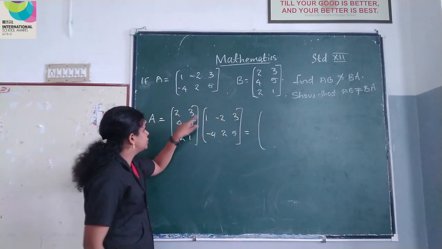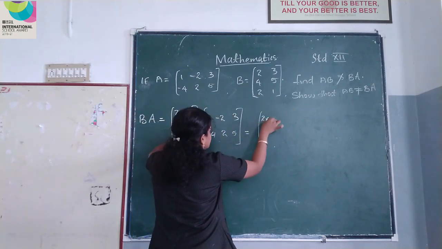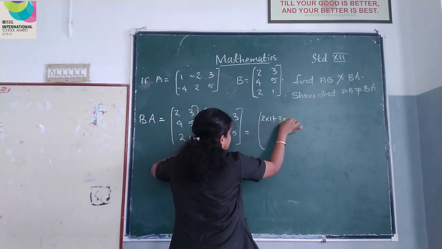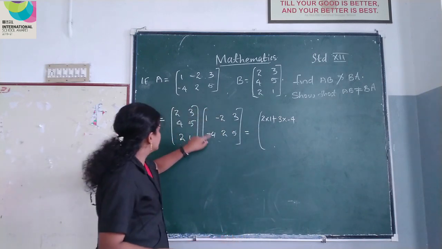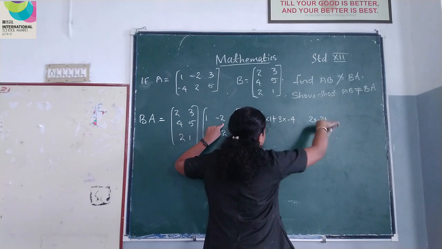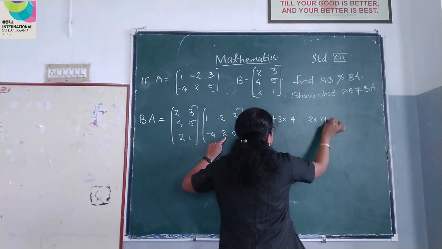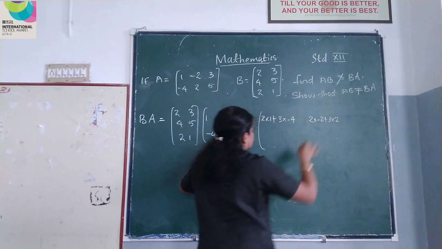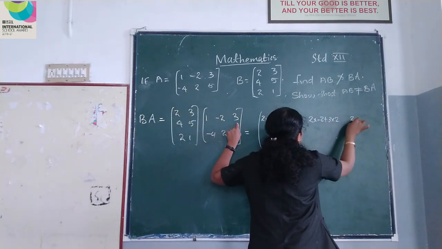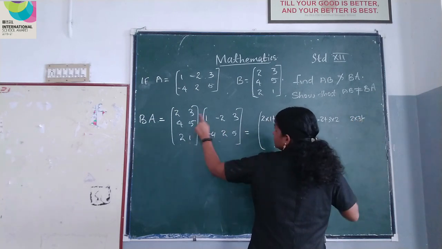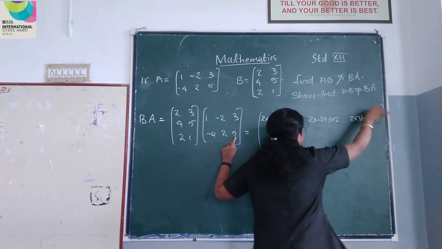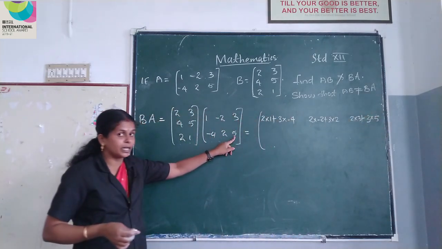Then we will get the elements of the product matrix. So 2 into 1 plus 3 into -4. The next, 2 into -2 plus 3 into 2. Then third element, 2 into 3 plus 3 into 5. Now how will you get the second row?